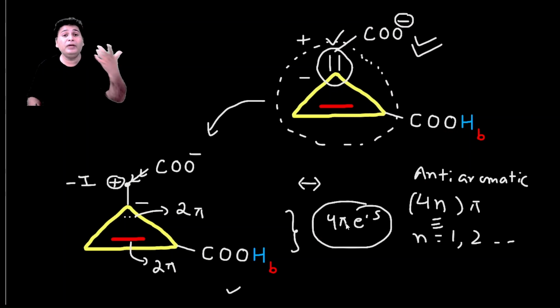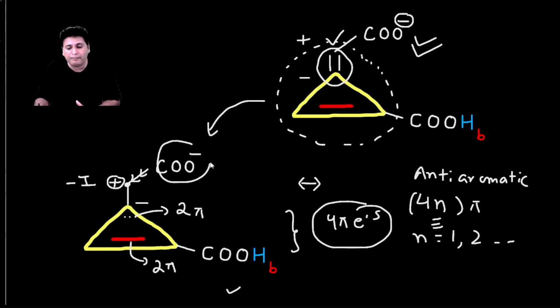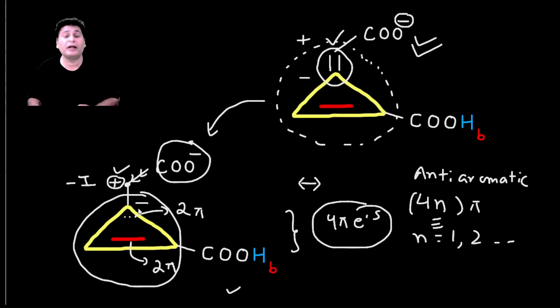So it reveals a very drastic thing to you: if you try to stabilize, satisfy this carboxylate by polarizing this pi bond, by bringing a plus charge in the nearest neighborhood, then a huge problem arises with this ring, because this ring is now becoming anti-aromatic in character.